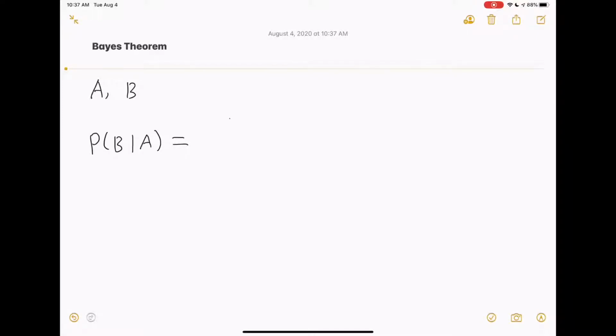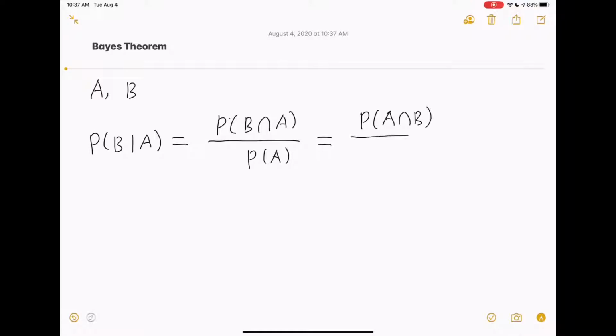Let's derive the formula. P of B given A, based on the definition of a conditional probability, is equal to probability of B intersects A divided by P of A. And this is equal to probability of A intersects B divided by P of A. Here we just reverse the order of the intersection.